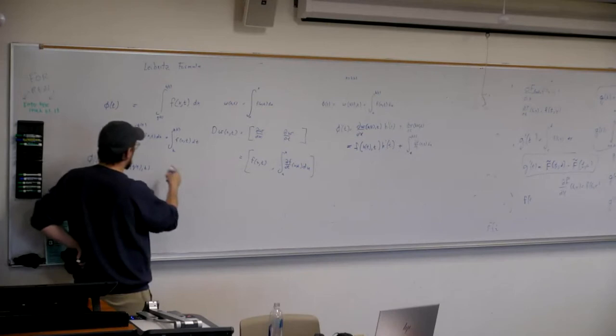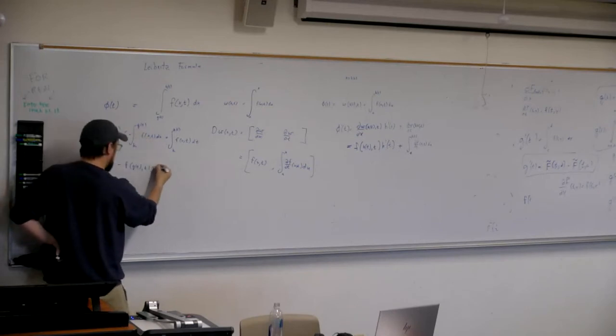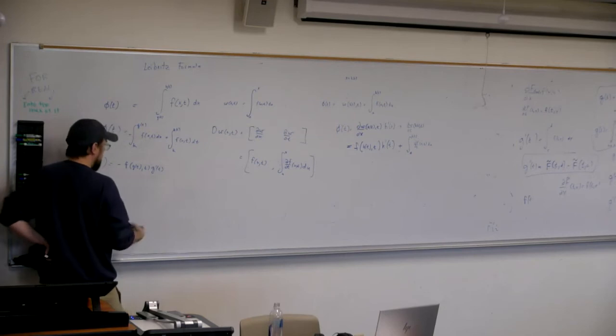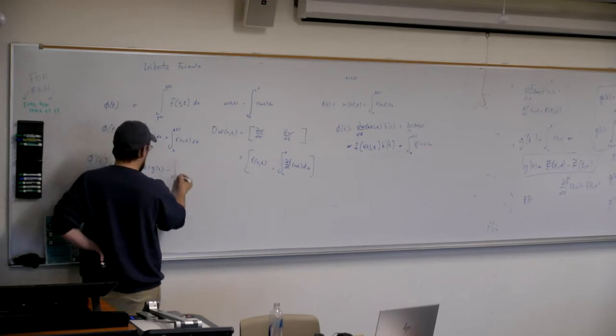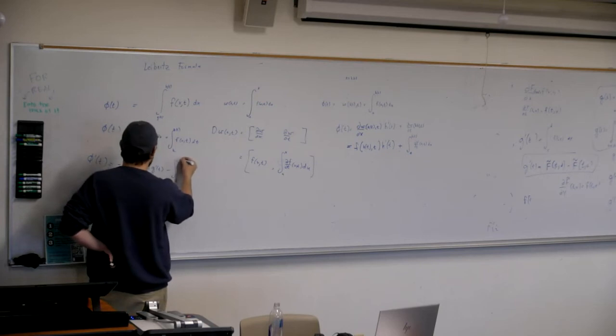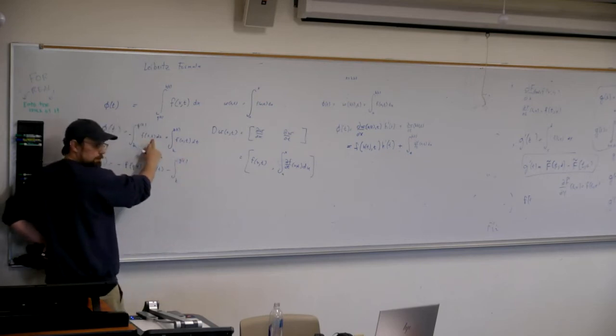And then times, by chain rule, you have to differentiate the upper bound. Plus the integral where you now just differentiate the inside with respect to t.